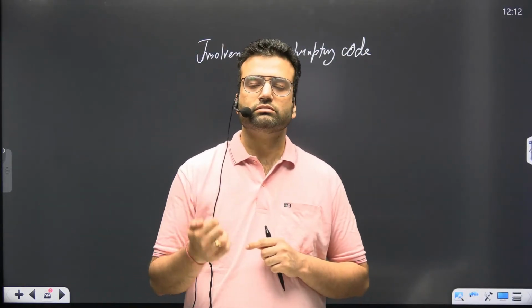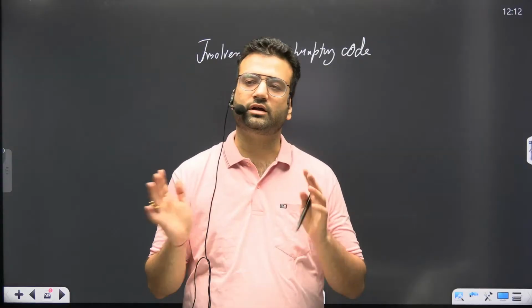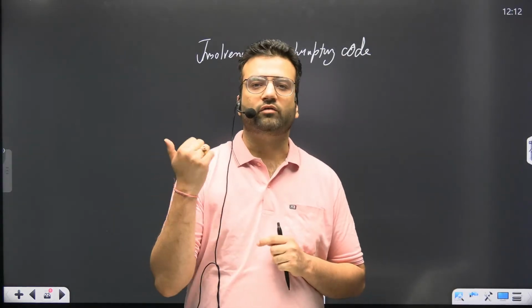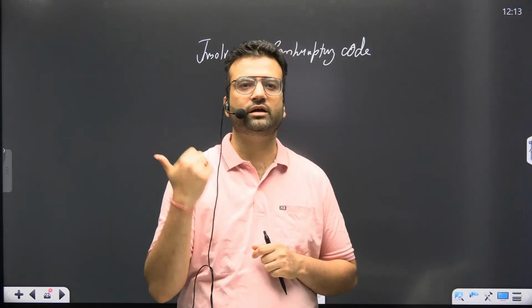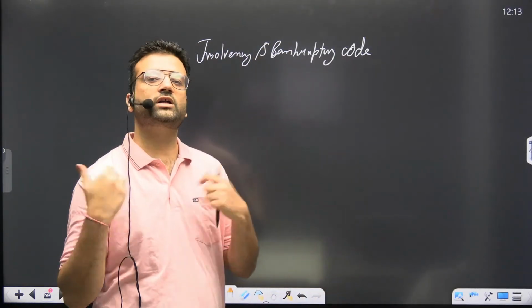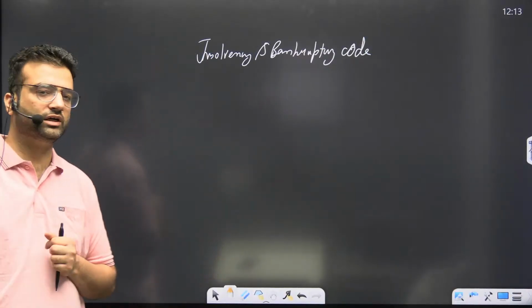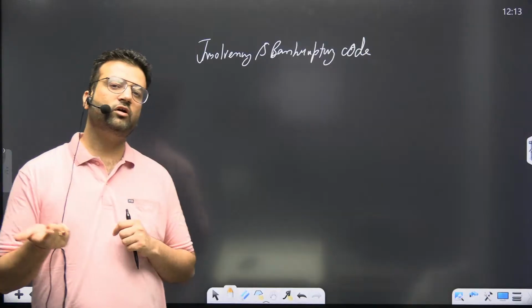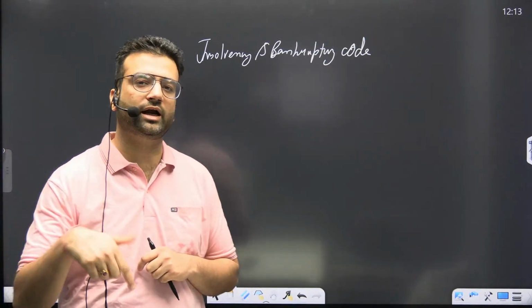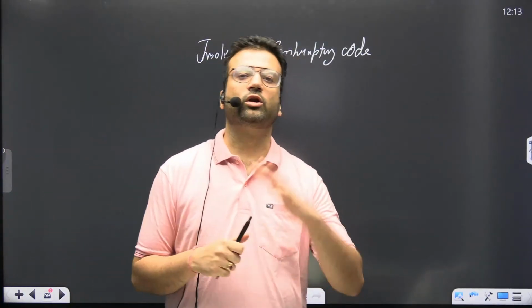Either we can wind up the company, and the assets of the company, when we sell them, whatever money we get, we will distribute it. Or we can create a debt recasting plan to revive this company.